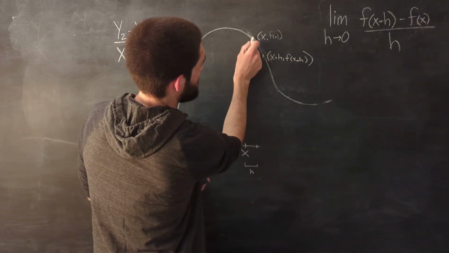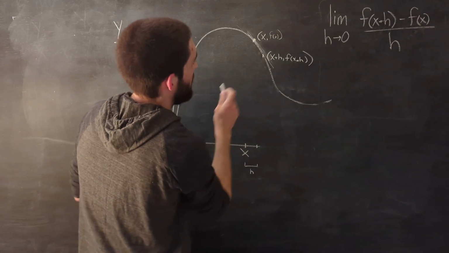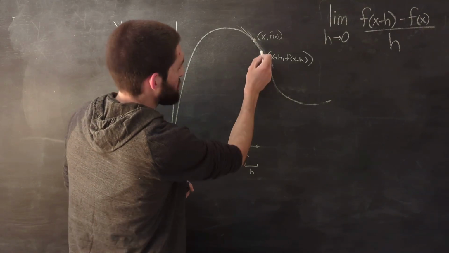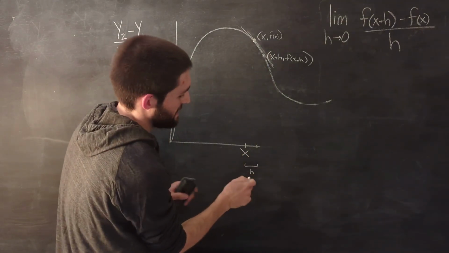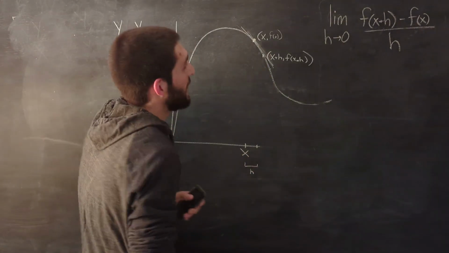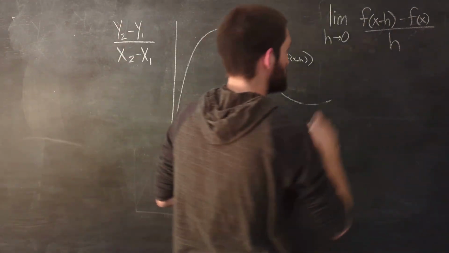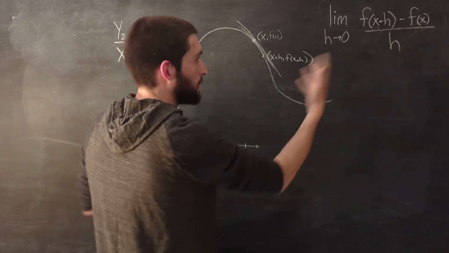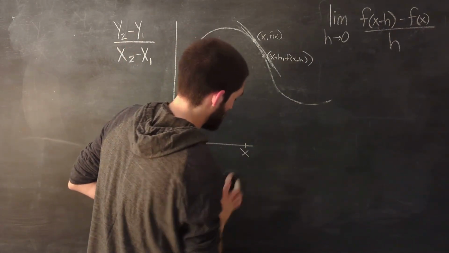And that is just about the slope at this point, which is the point we're trying to find the slope at. But then if we move even closer, we can keep making this h so small that it is effectively 0.